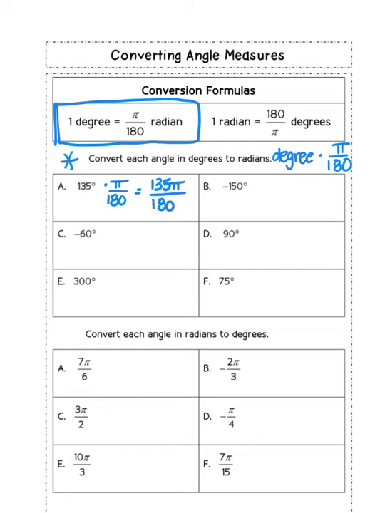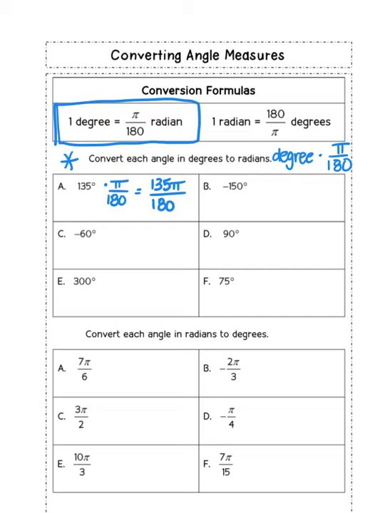Now, at this point, I have converted into radians, but we want to simplify that. Most of the time, in any math class, you're going to leave it in terms of pi. Leaving it in terms of pi means that you're simply going to leave pi in the answer, because pi is an irrational number, which means it has a decimal that does not stop. It doesn't terminate.